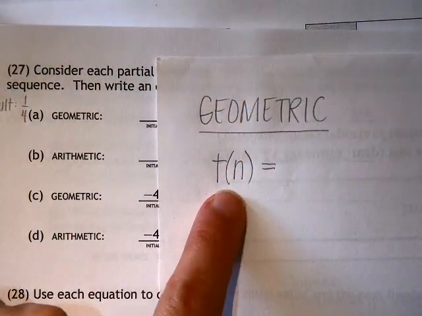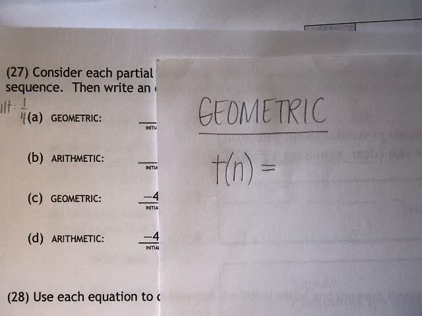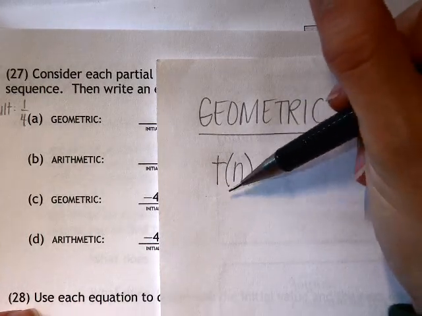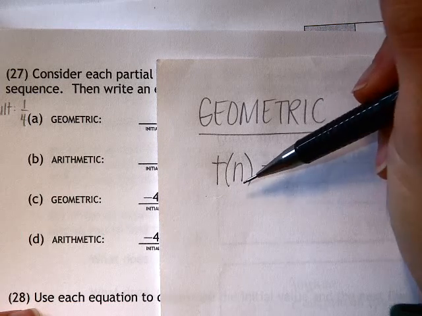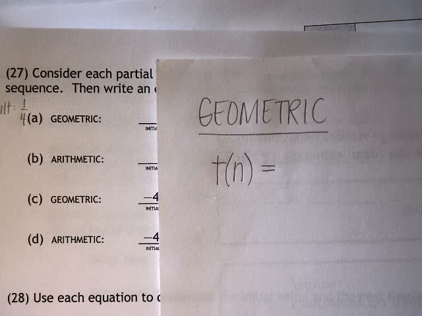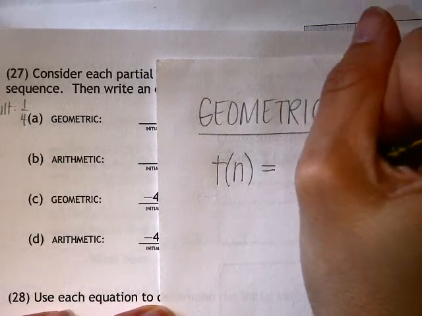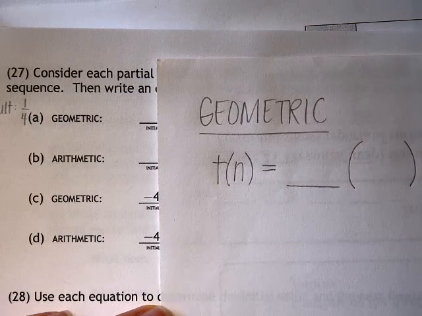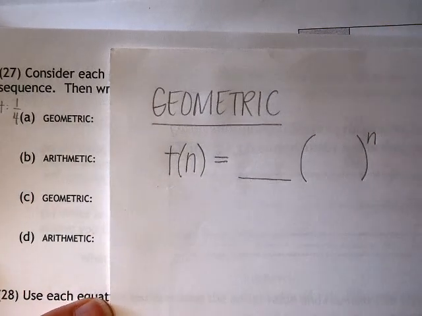T of n equals is pretty much traditional sequence notation. We'll talk eventually in a subsequent video about why we choose the letters T of n and n to be our variables, but for now just roll with it. T of n is always going to be equal to a number times a multiplier to the power of n.